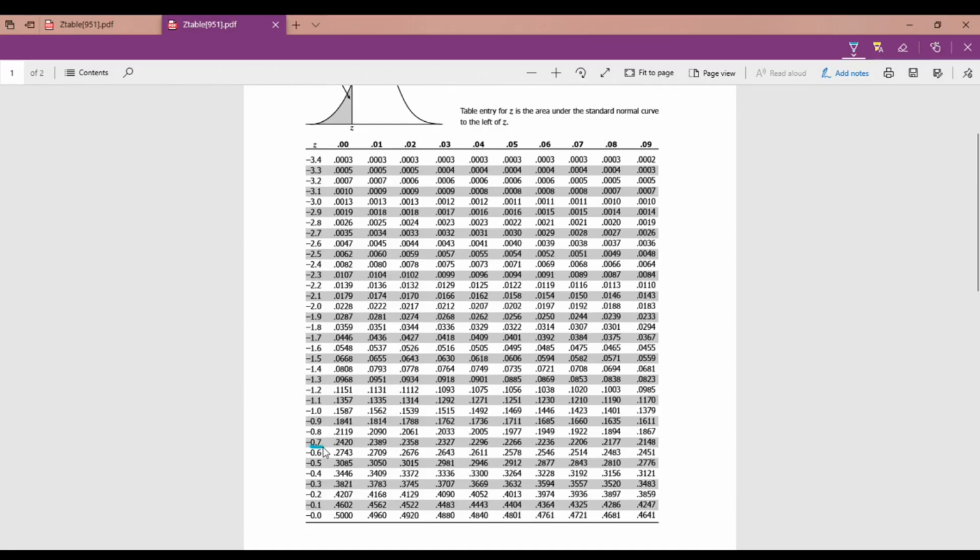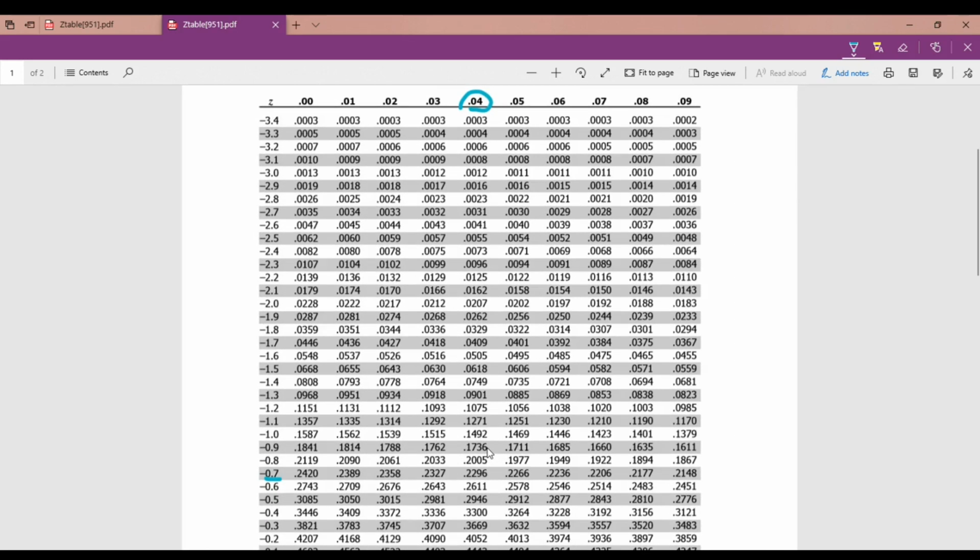Negative 0.7, and the column is going to be 0.04. And this gives us an area of 0.2296.